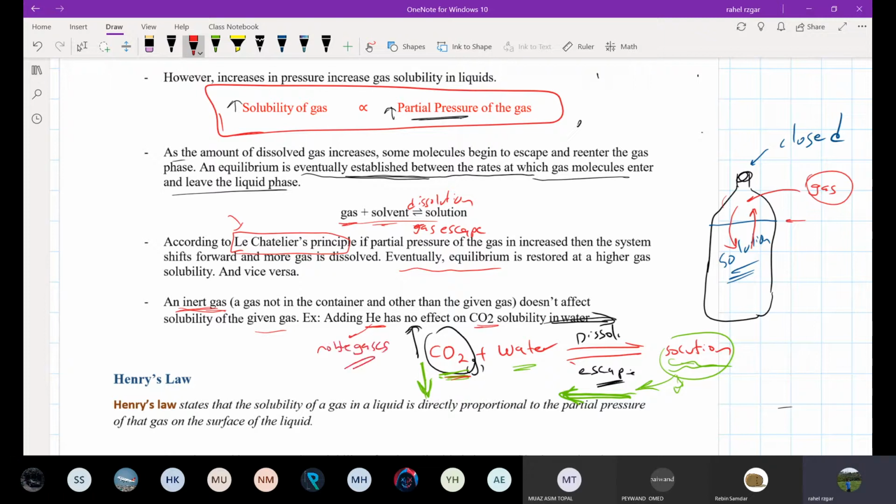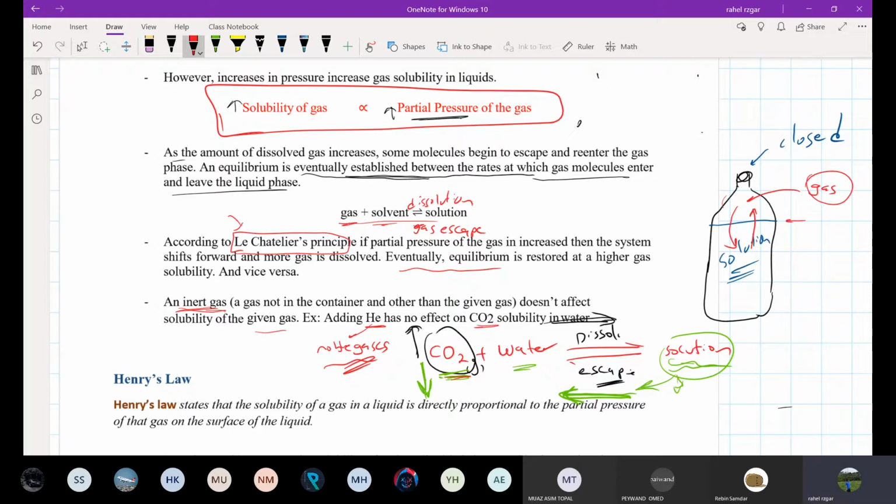Helium, neon, xenon are always talked about. Why? Because noble gases are not reactive. They don't react with the gas. For example, if it says oxygen, a student might ask, well, the oxygen might react with the CO2, and that probably will happen.